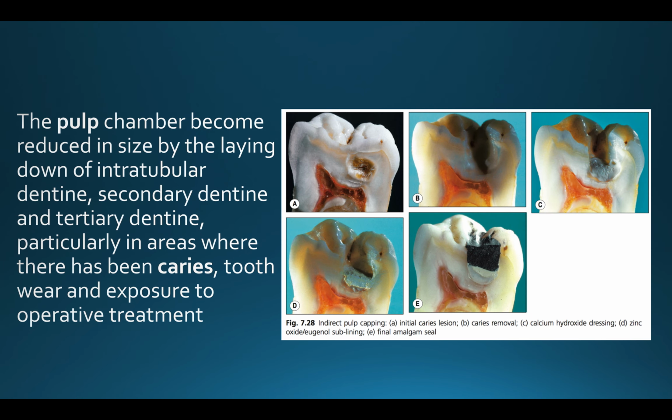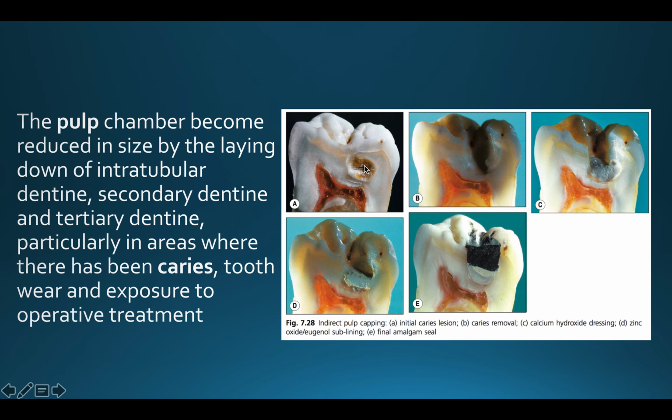I just want to show you, this is my last slide. I want to show you that the pulp chamber size is dynamic, and it can become reduced in size by caries or by operative treatment. So this is a mandibular first molar.